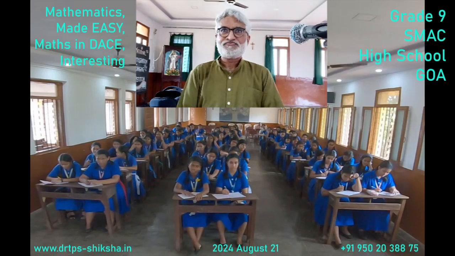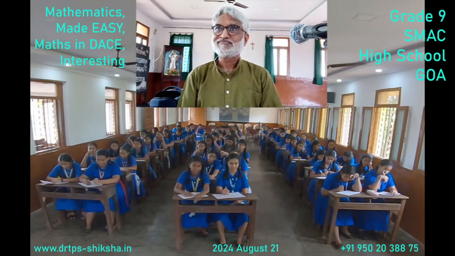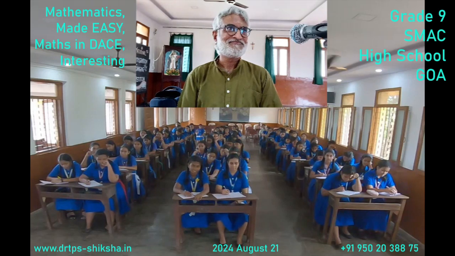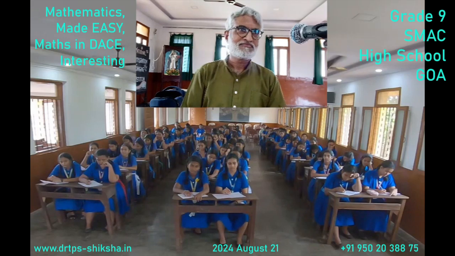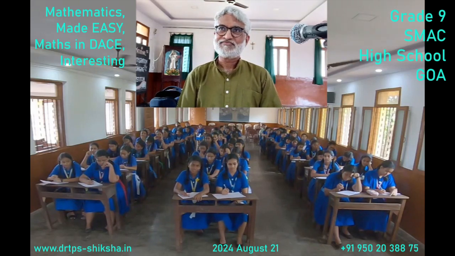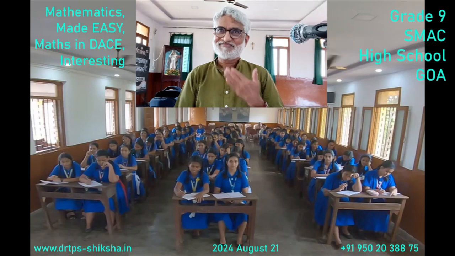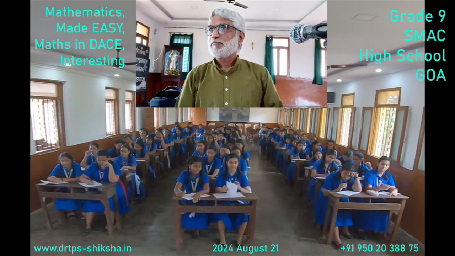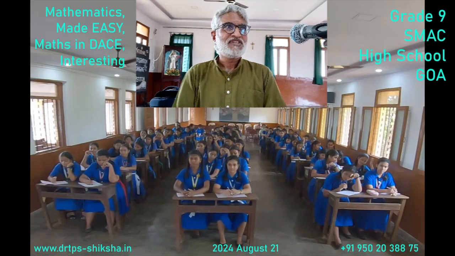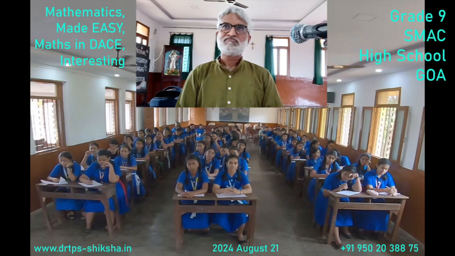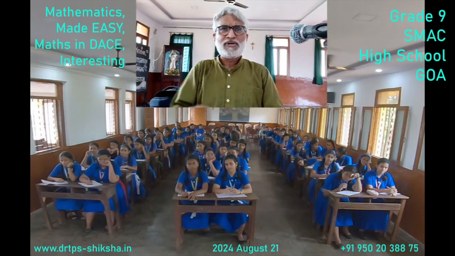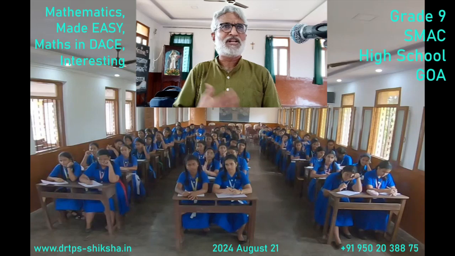So simple. Got it? That's how you should learn maths. Maths is trick. If you don't know the trick, it is difficult. Very simple. Most of the things can be done like this.